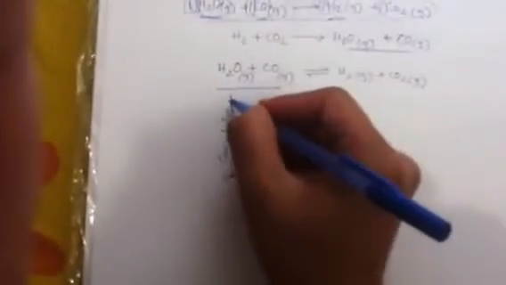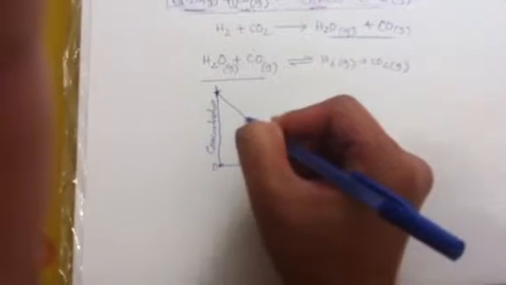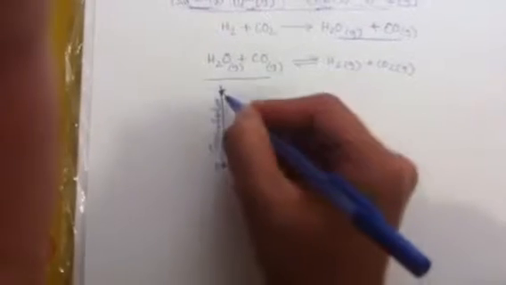So if I graph it, my reactants, let's say they're coming down, right?